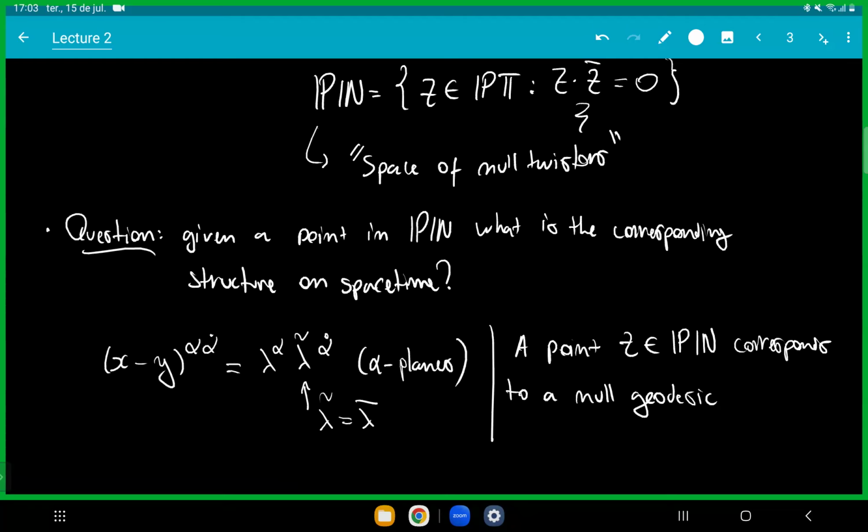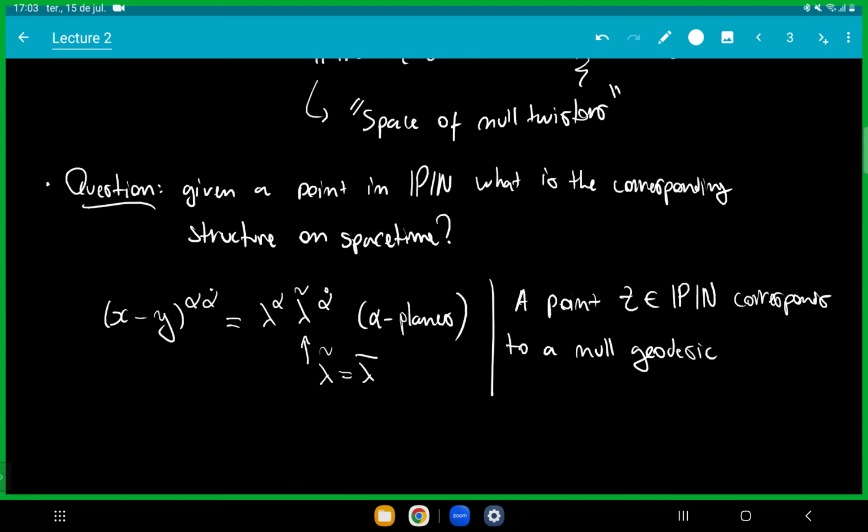So it corresponds to these null geodesics. I think this part got a little bit more confusing, so I'm moving on. The point I want to make is that it's not too important to get bogged down in the details right now. I just want to explore the non-locality of this relationship between twistor space and space-time.